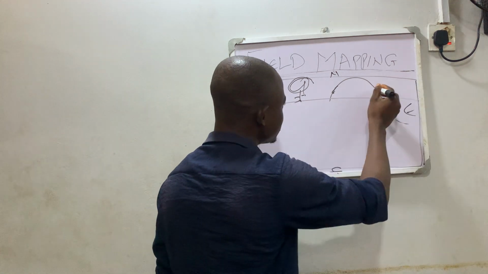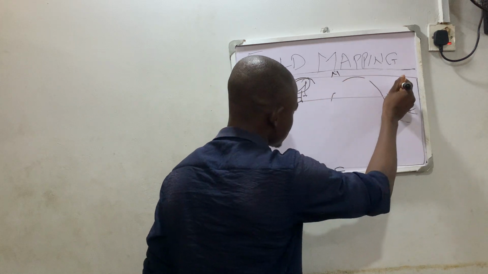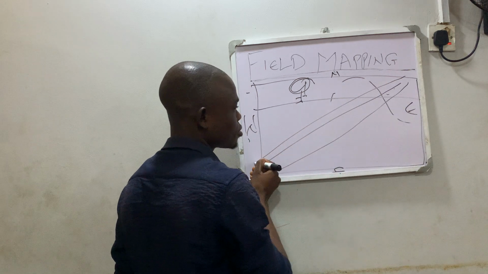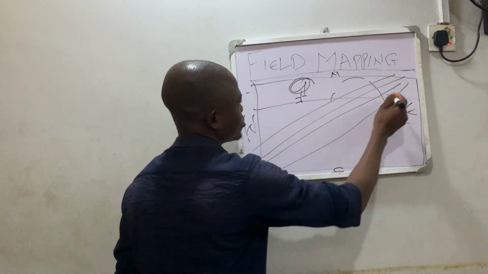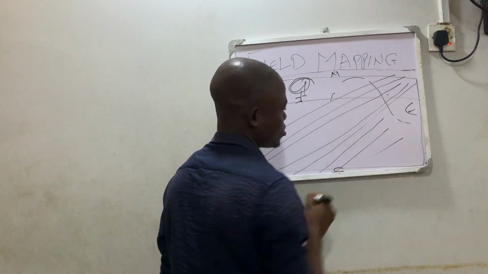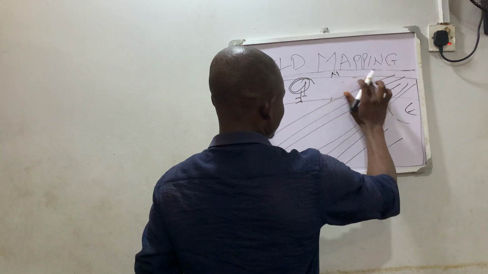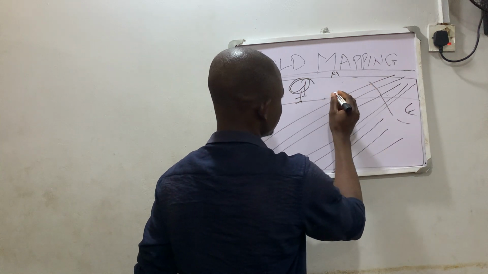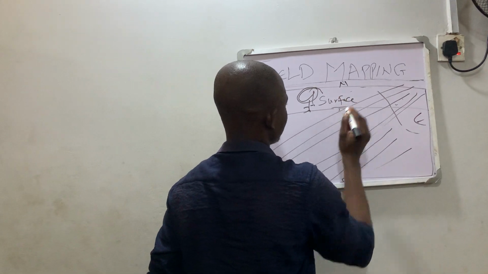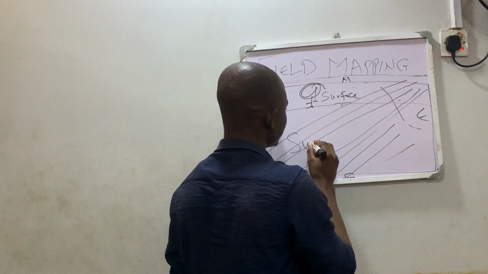Assuming the man is facing this way, as an outcrop. So what does this tell? This is the earth's surface. Surface. And this is the subsurface.